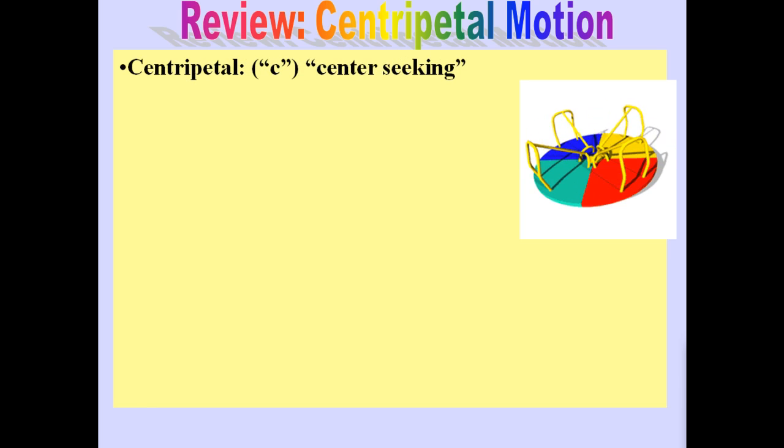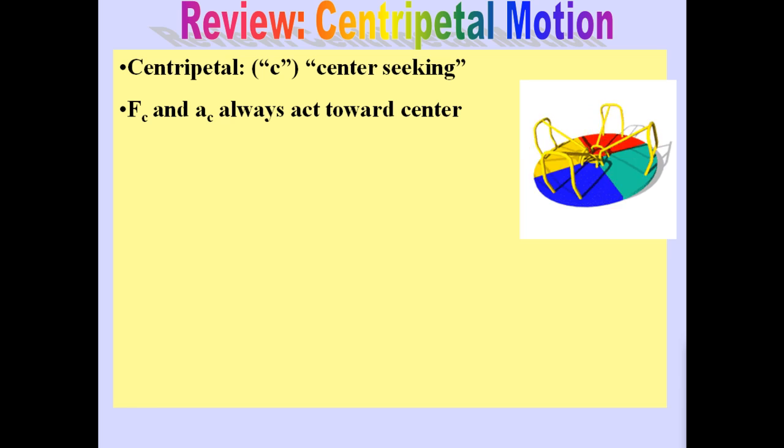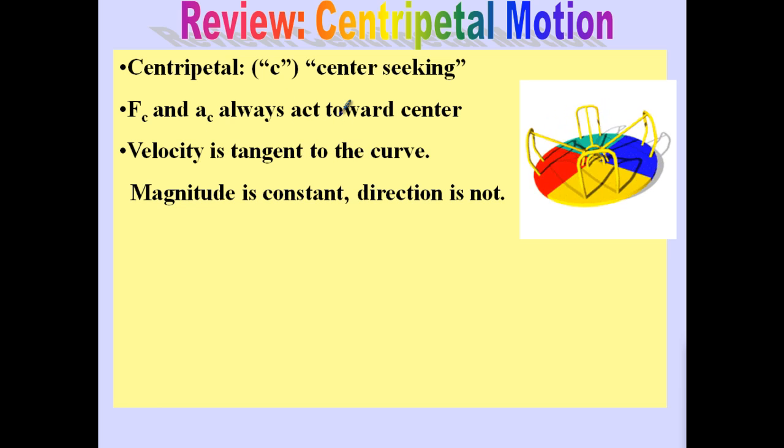So some stuff we already talked about, just to remind you, in case you're not watching all these videos end to end, because you know, there's nothing better to do on a weeknight. A little c means center seeking. It means our centripetal forces, our centripetal accelerations. They always point towards the center, whatever curve or circle we're talking about.